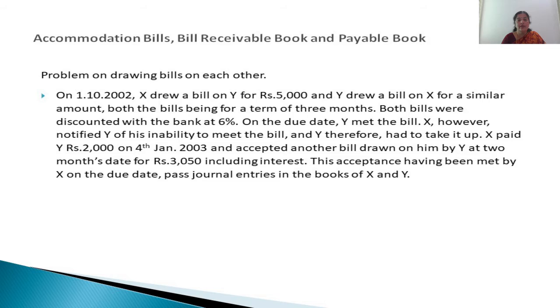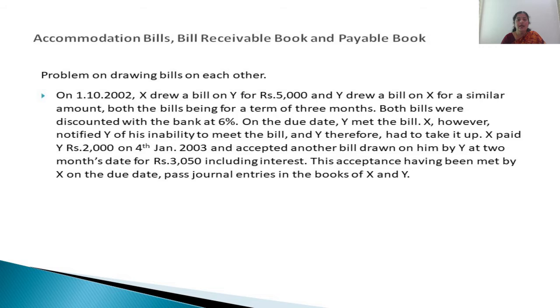X had discounted his bill with his banker, that was accepted by Y. So X banker presented this bill to Y for payment and Y honored the bill. So Y met the bill. So X bill, that is to which he was the drawer, that was finalized because Y honored the bill. Met the bill means honored the bill.